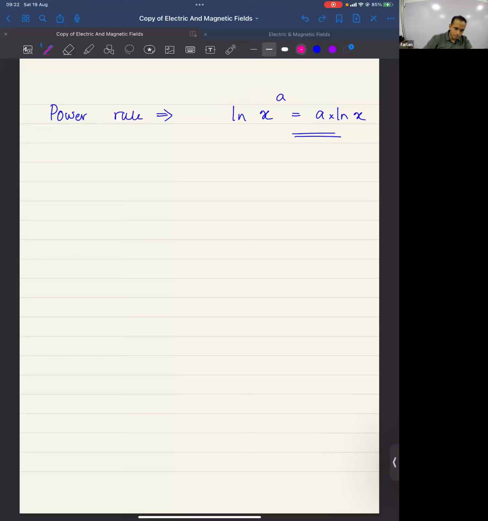And there is the product rule of logarithms, or the multiplication rule. Don't write, listen. If you have log a into b, that can be written as what? Log a plus log b.